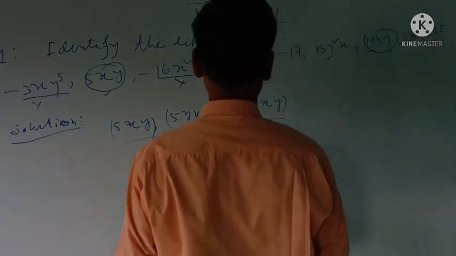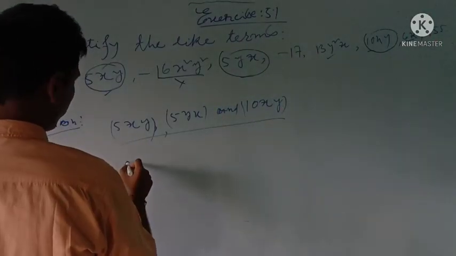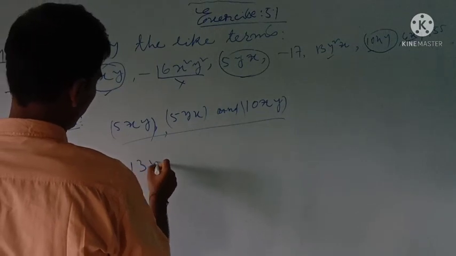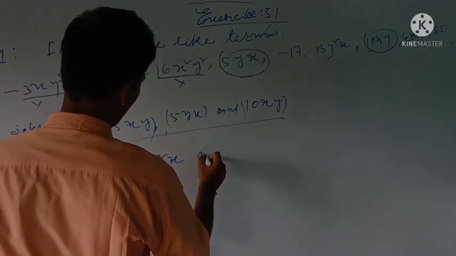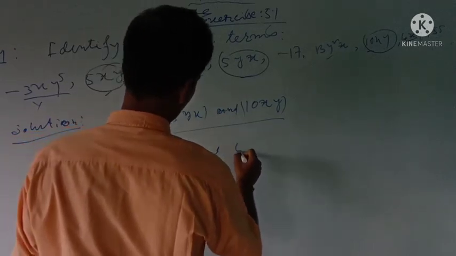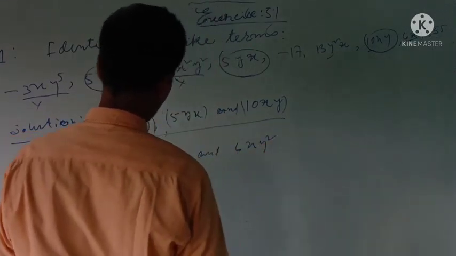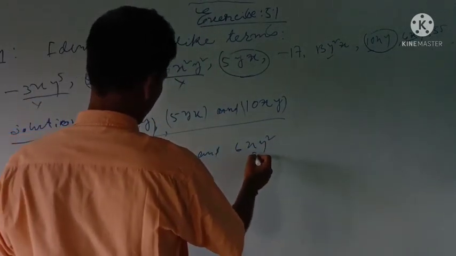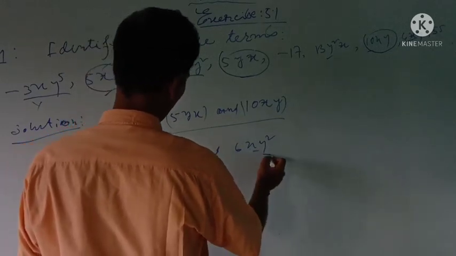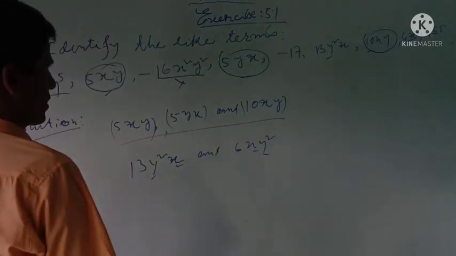So what we can write? 13y square x and 6xy square. See, here also x, here also x, here also y square, here also y square. They are like terms.